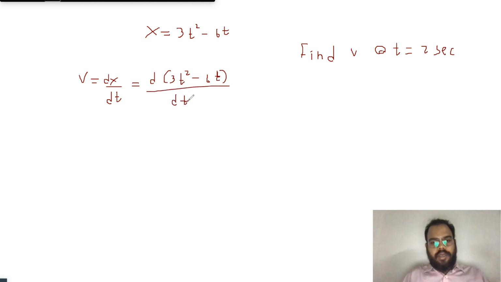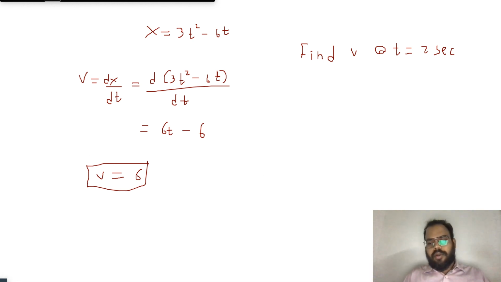If you differentiate, you will get velocity as 6t minus 6. When you substitute t is equal to 2, your velocity will be 6 twos are 12 minus 6. So your velocity will be 6. Now this was a pretty simple question.